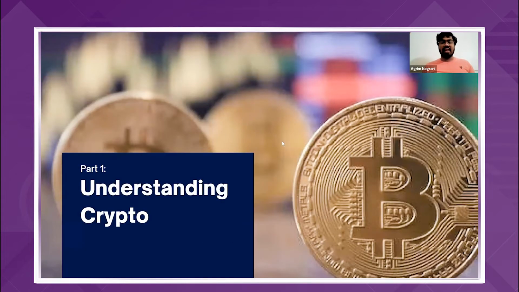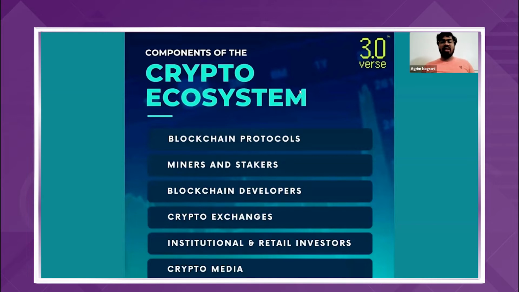Starting with understanding crypto. This image we took from 3.0 Verse, and it has quite beautifully explained all the components present in the crypto ecosystem. Starting from the blockchain protocols, then it involves mining and staking. After that, it comes to the blockchain developers, who are the backbone of this crypto ecosystem or Web3 space.